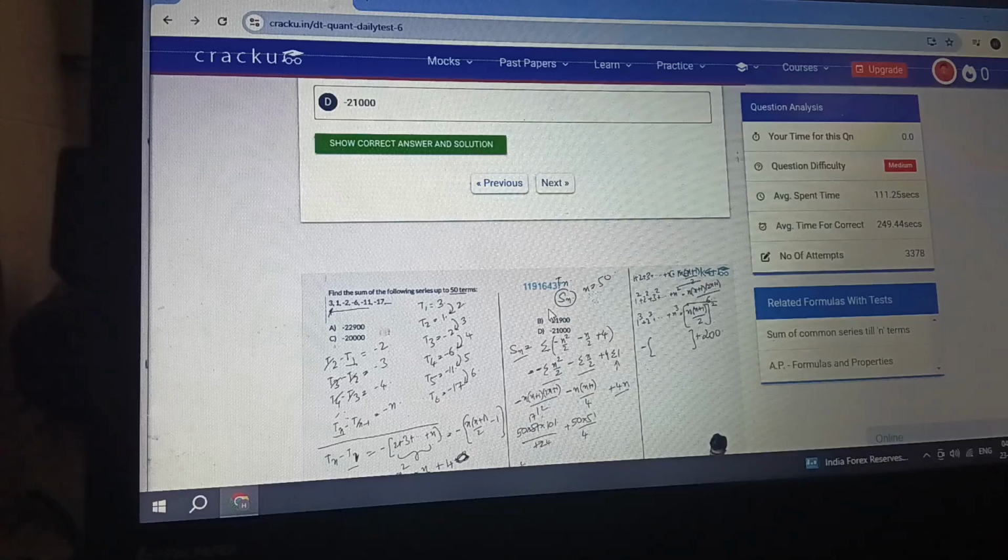So if you take 50 by 4 common, this is equal to 17 into 101, so that is 1717, and then you have plus 51. This is equal to 50 by 4 into 1768. This is equal to 50 into 442. This is equal to 22,100. Remember that we have to put minus over here, so this is minus 22,100 plus 200, so this is equal to minus 21,900. This is the answer, which will be option B.